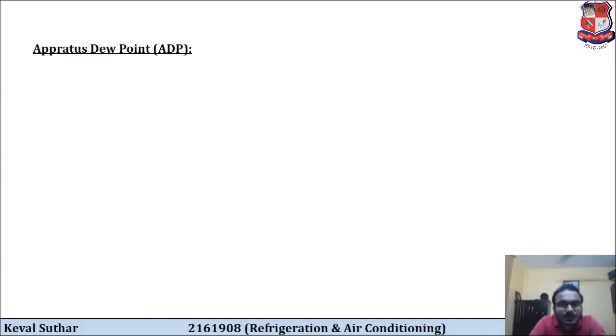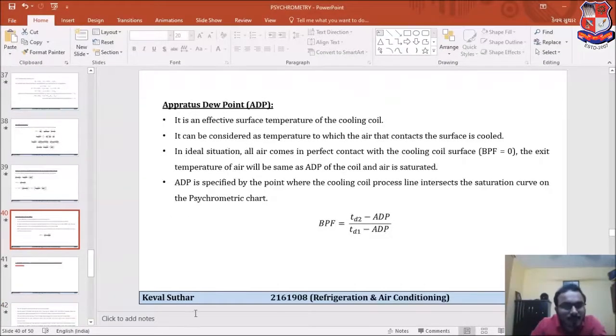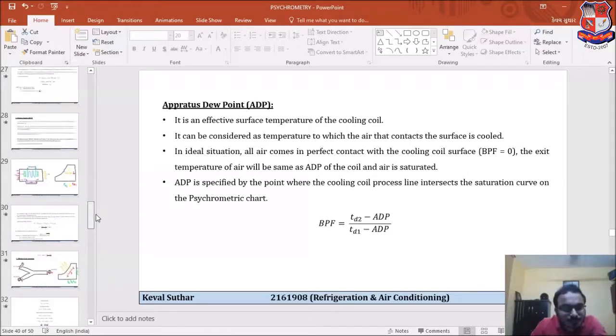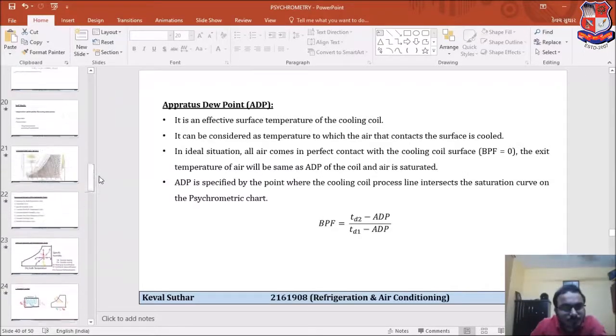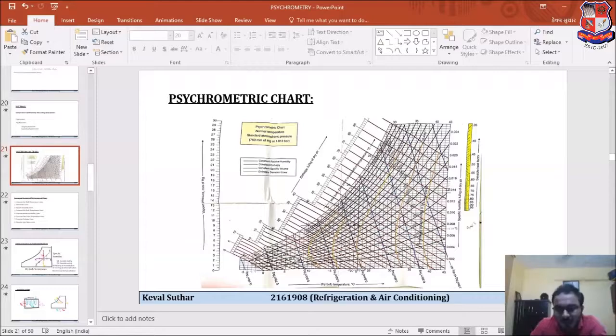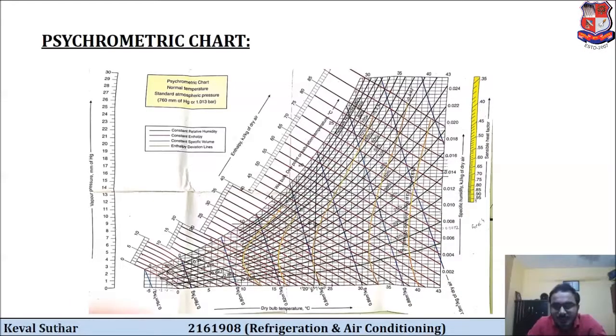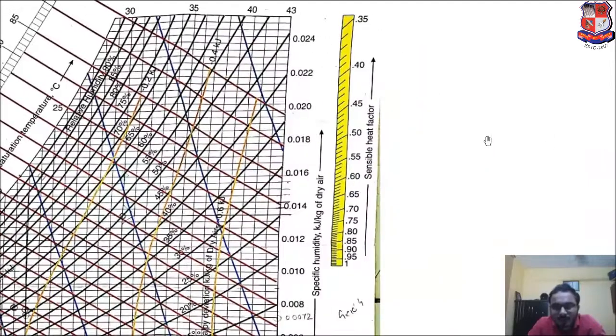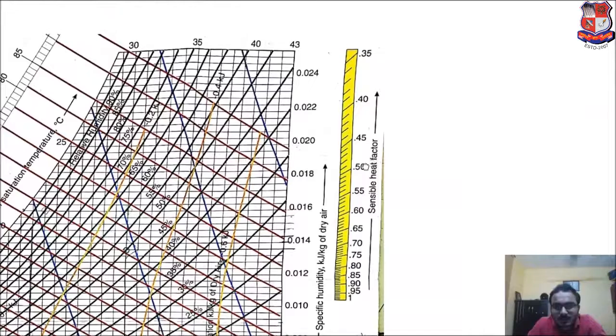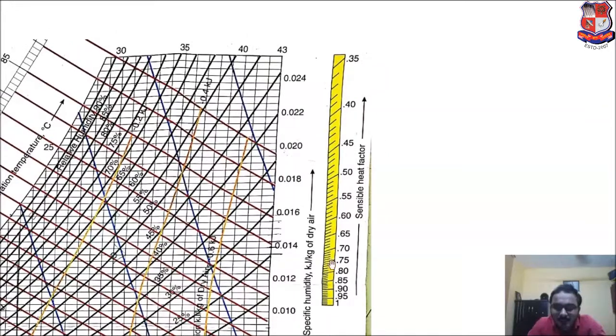Now before going into this new topic, we will again go back into our psychrometric chart. So if you see, one thing I want to explain to you here is this yellow bar, which shows us the sensible heat factor.